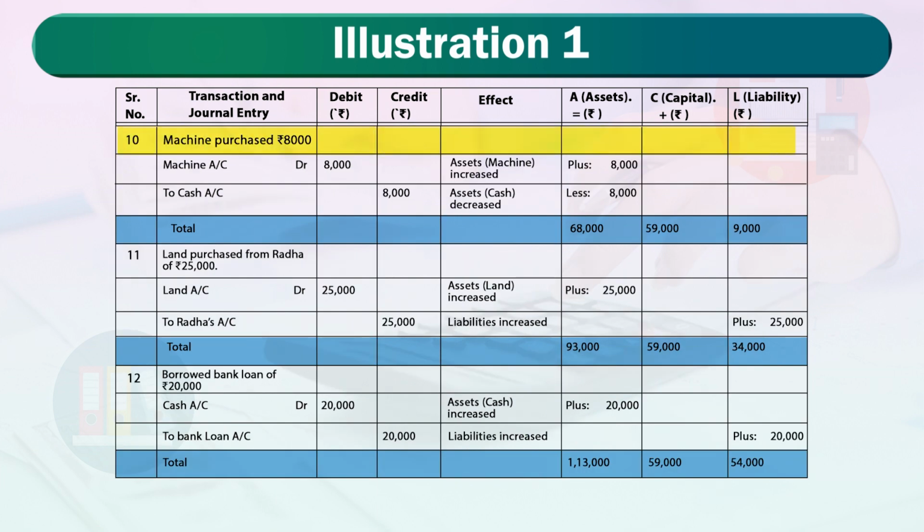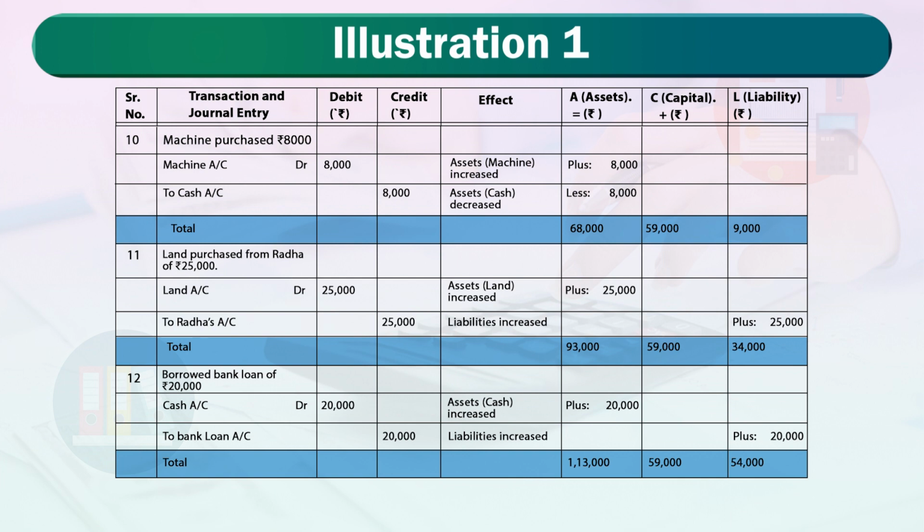Tenth transaction is machine purchased, rupees 8,000. Machine is our asset, so we are debiting the machine account and crediting the cash account. As machine is an asset, we have purchased the machine. So asset is increased by the amount of 8,000 and we have paid for the machine rupees 8,000.